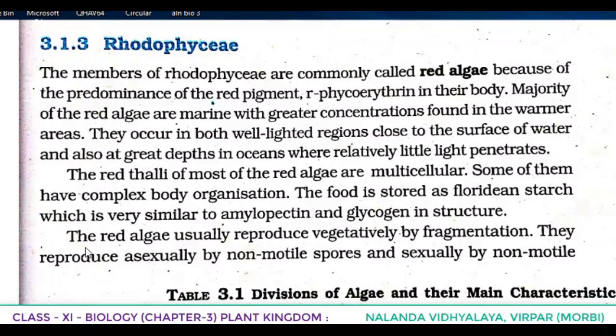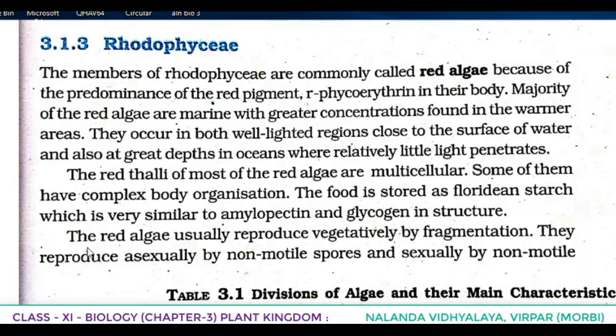So, here again we can come back to the point. Food is stored as Floridian starch, which is very similar to amylopectin and glycogen in structure. Before coming to amylopectin, regarding the stored food of all the three we can discuss.